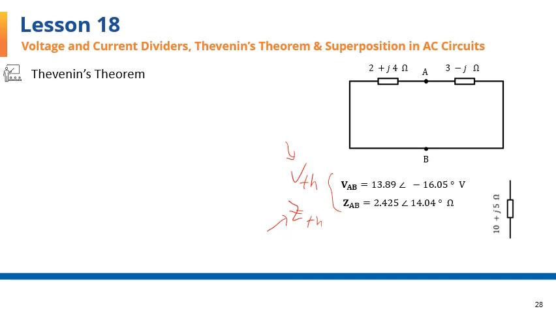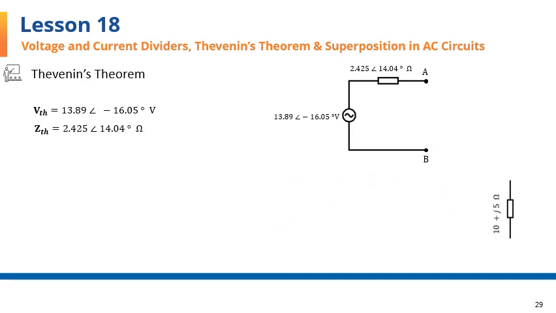We'll put these two in series, a voltage source of this magnitude in series with an impedance of this size to get the Thevenin's equivalent circuit shown on this page. Here it is, the voltage source with the Thevenin voltage and the Thevenin impedance calculated earlier.